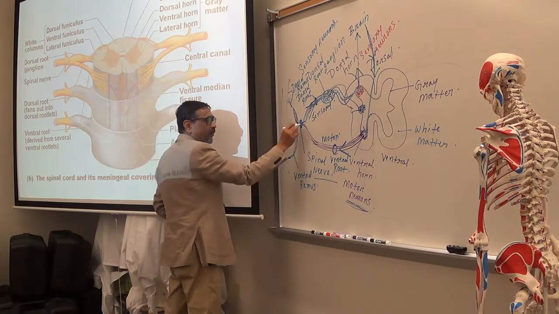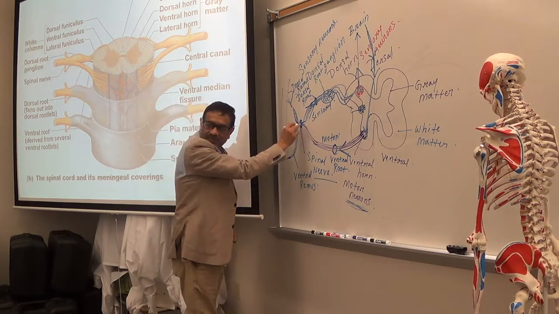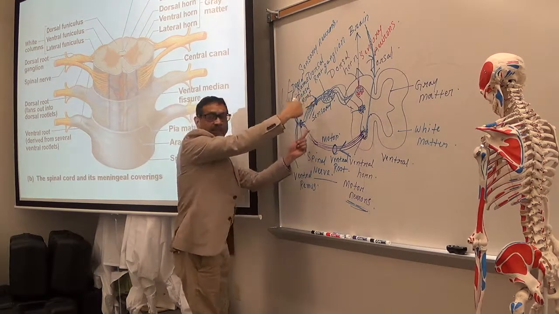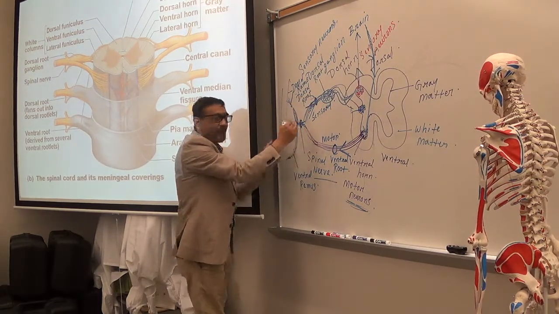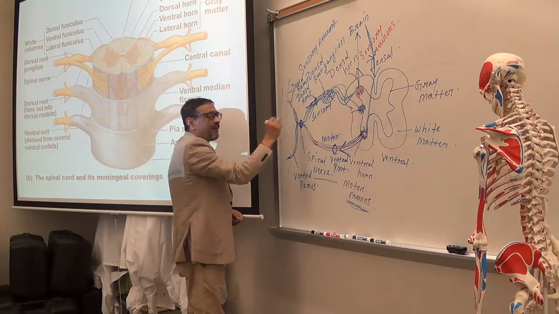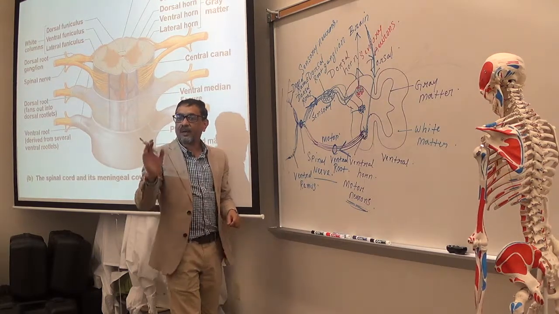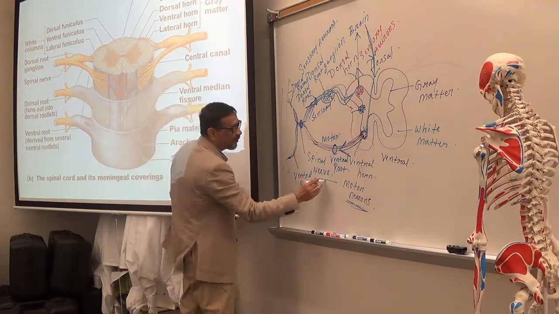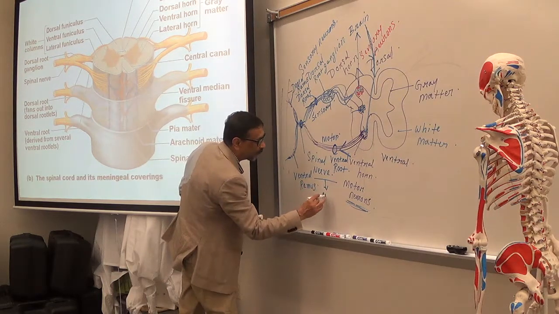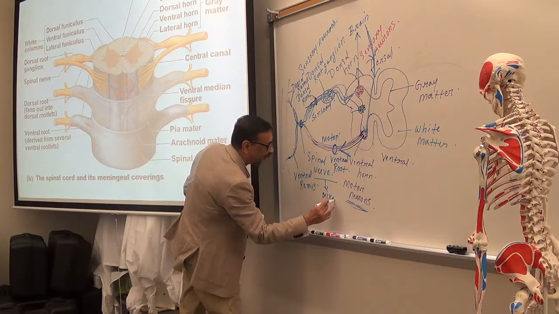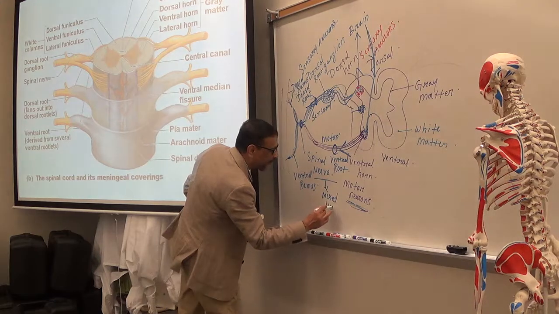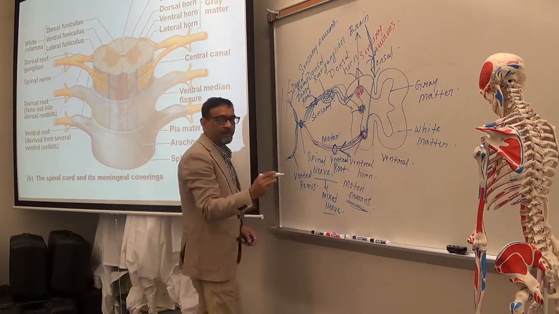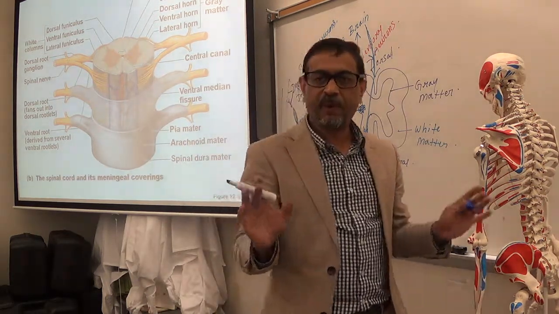Sensory or motor or both? Both. Is it clear? Because both are joining. This is sensory, this is motor, right? Together forming the spinal nerve. So spinal nerve is a mixed nerve. Mixed type nerve. Neither purely motor, nor purely sensory.